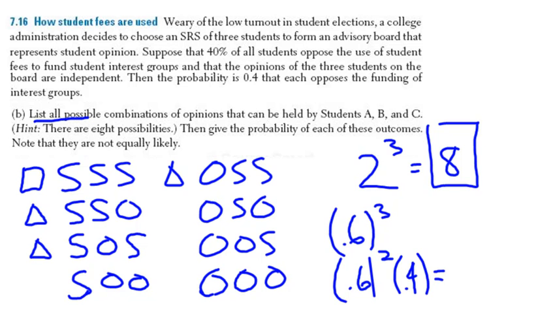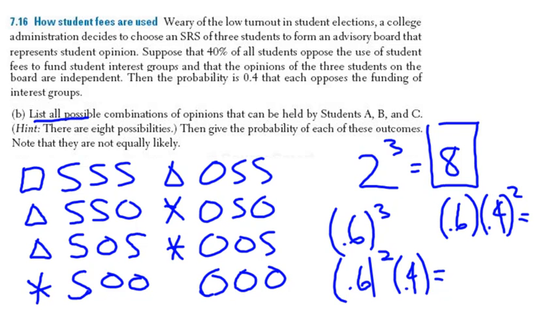I multiply this out, and this is the probability of any of those things happening. For these, the ones with 1 supporting and 2 opposing, that probability is going to be 0.6 and then 0.4 squared. I multiply, and that's the probability. And then last but not least, this would just be 0.4 to the third power. Okay, so that's how I find the probability of each.